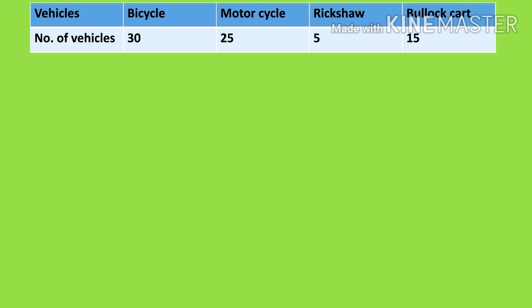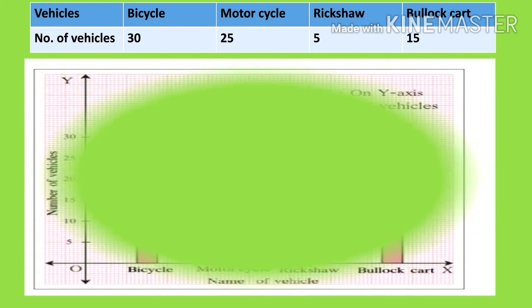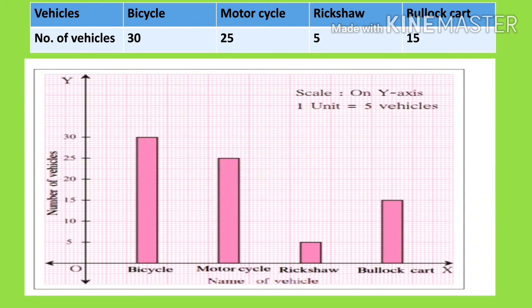Now, we already have the information about vehicles: bicycle, motorcycle, rickshaw and bullock cart, and the number of vehicles: 30 bicycles, 25 motorcycles, 5 rickshaws and 15 bullock carts. Now students, we have to draw a bar graph like this.